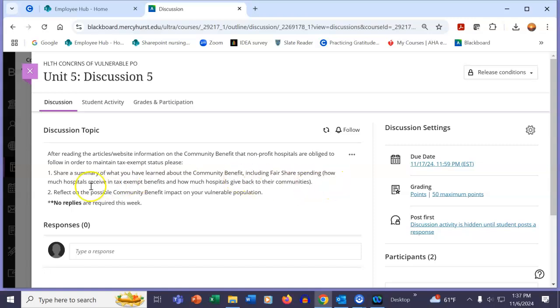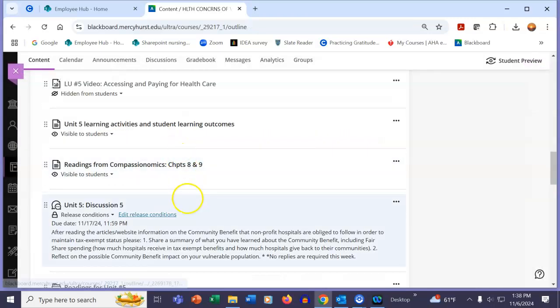That really is how much hospitals receive in tax-exempt benefits, and then how much hospitals give back. That's the fair share spending. And how does it, or how could it, impact your vulnerable population? So that is the discussion board.